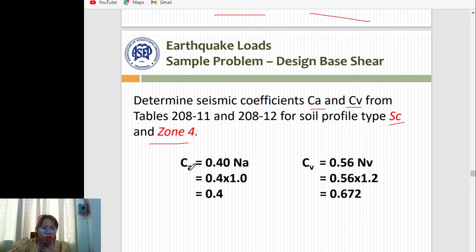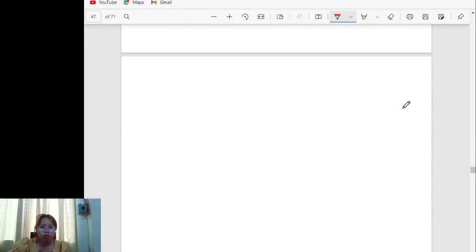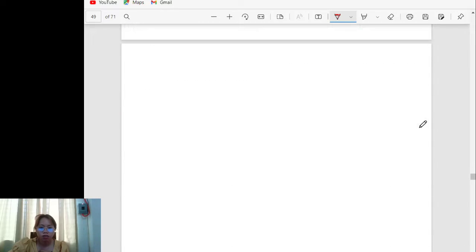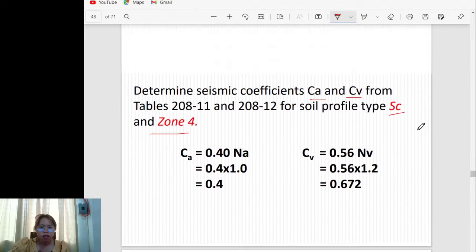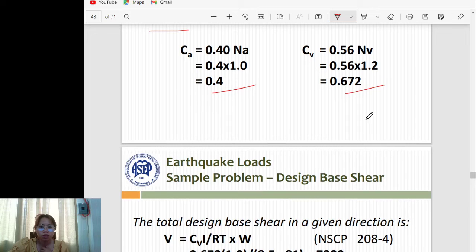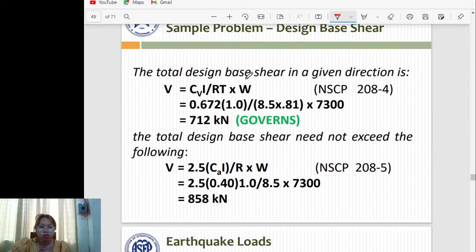So the computation of C sub A is 0.4 N sub A and 0.56 for C sub V is 0.56 N sub V. So this can be found in the table also. If you remember, ganina, no? Taas na siya. So anyway, your C sub A is 0.4 and C sub V is 0.62672. So, for the total base shear computation, we have to compute the general formula, no, in CP208-4.